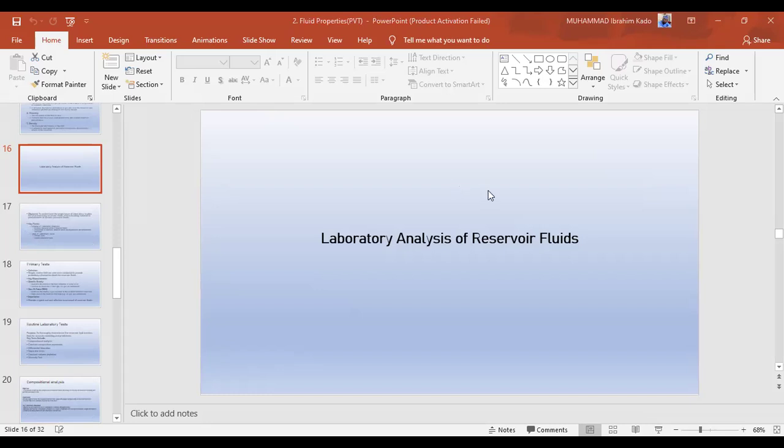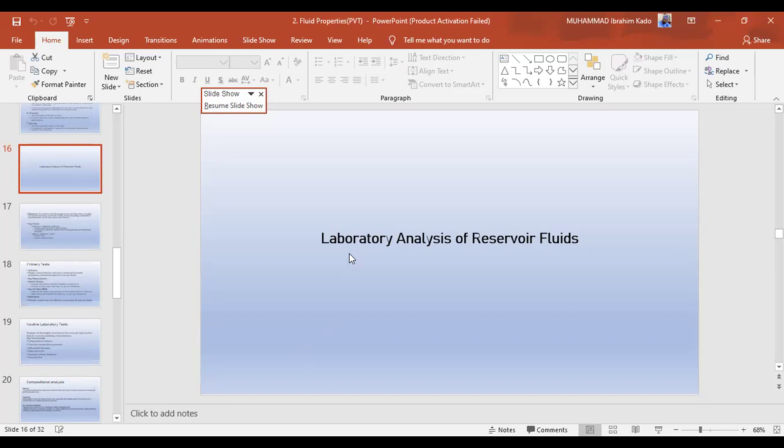No, but this is just one of the basic lab tests we take for PVT analysis: the constant composition test, and then the differential liberation, stage separator test.